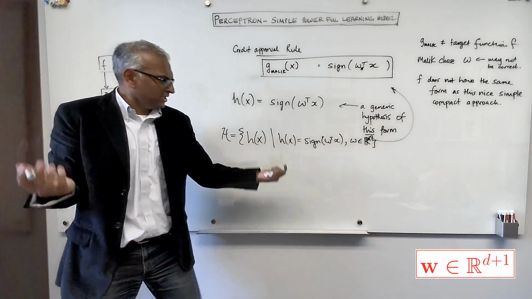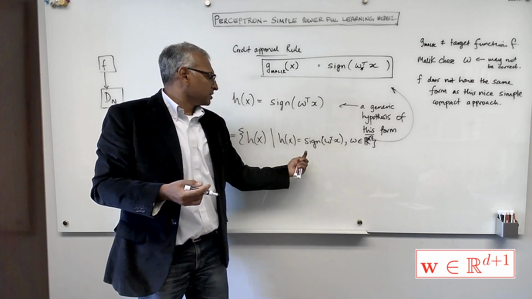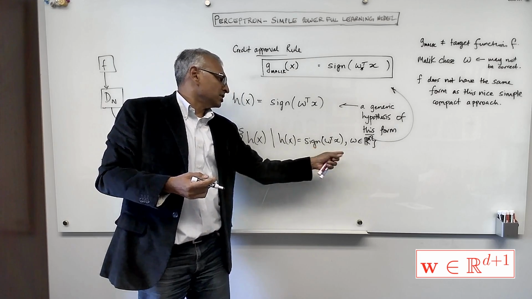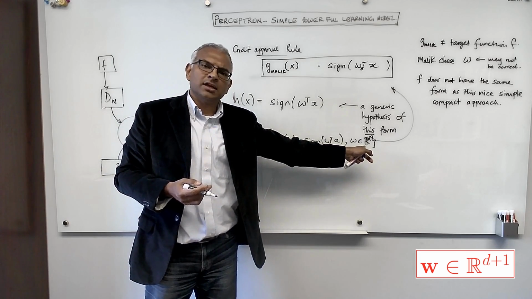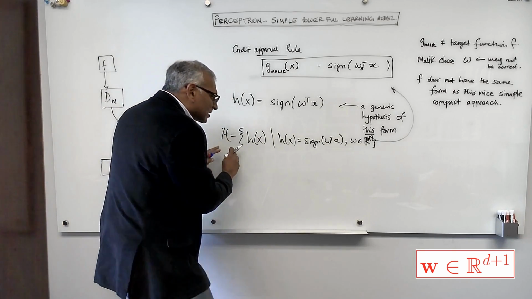So you give me any set of weights you want that belong to R to the d, and I can construct the corresponding hypothesis, and if you consider all possible weights that are in R to the d, I enumerate in some sense a set of hypotheses.